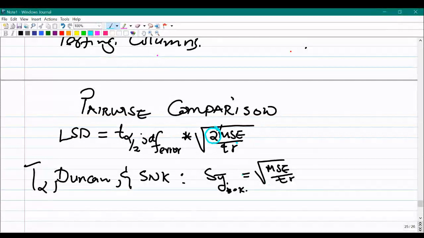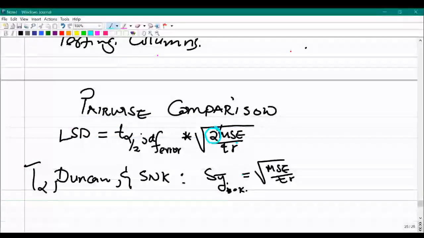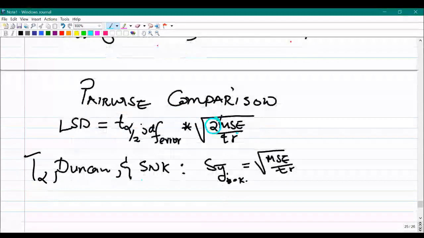With Duncan or Tukey, they want to put a 2 here. If you have checked very well, guys, the only pairwise which has a 2 is only LSD. The other ones don't have 2 MSE. So be careful with that one.